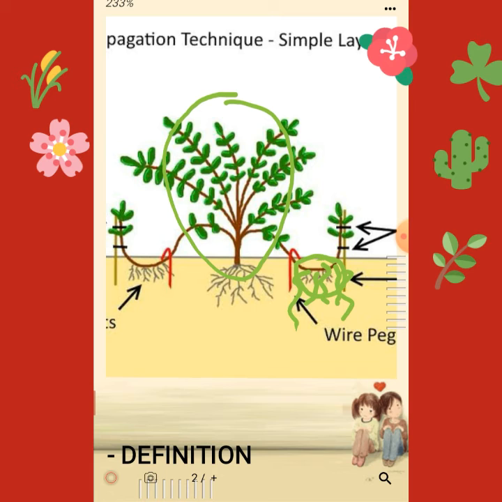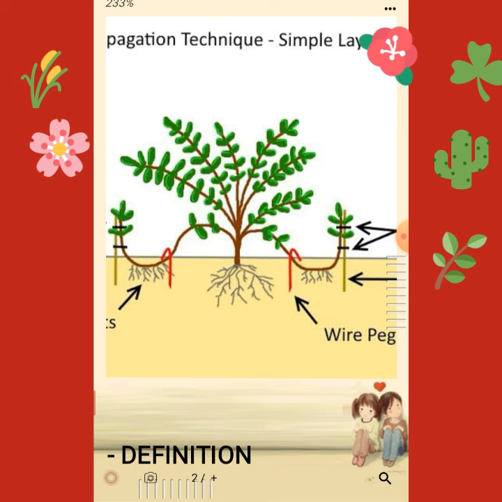Okay, and anyhow you know that shoots always grow away from gravity. So here the shoot system also starts growing away from the soil. Okay, after that we can give a cut. We can detach this daughter plant or the new individual from the parent plant, and we can shift this daughter plant to the desired areas. Okay, so that is about layering.